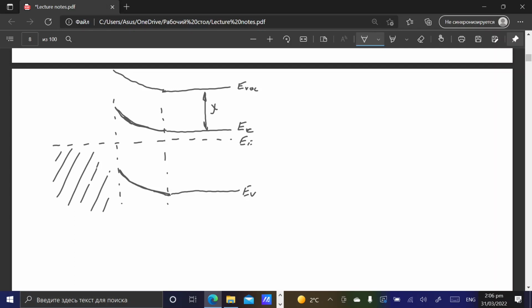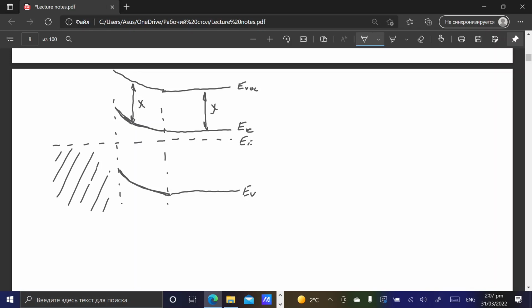And in the neutral or in this depleted region, we have the same material. We didn't change the material there. So it means this gap should be the same Xi as in the neutral region. Otherwise, if we don't have band bending of the vacuum level, then this Xi will be different, and that will not be a real case, because that will require some linear change of material composition, which doesn't happen.